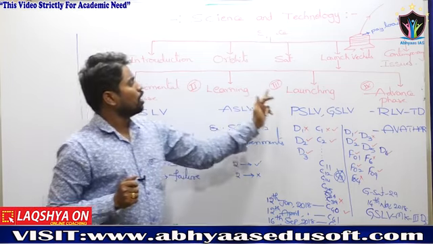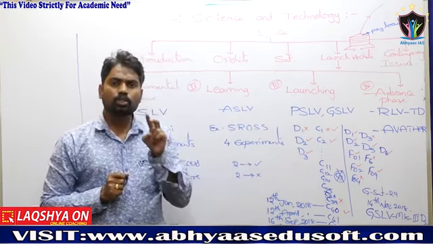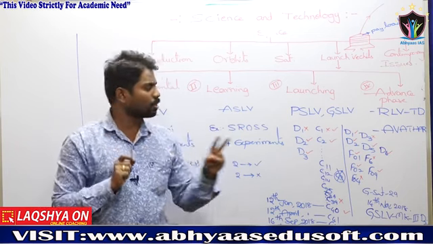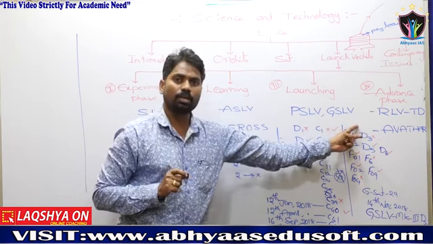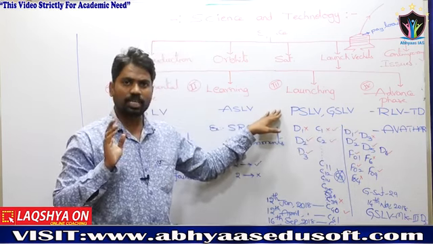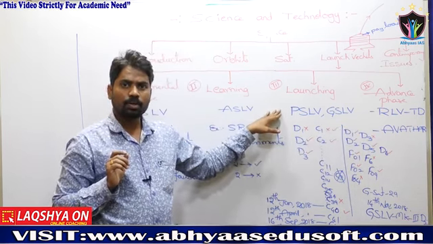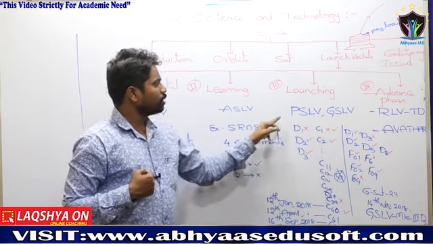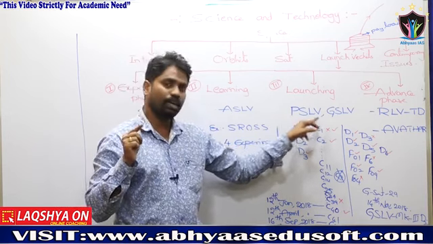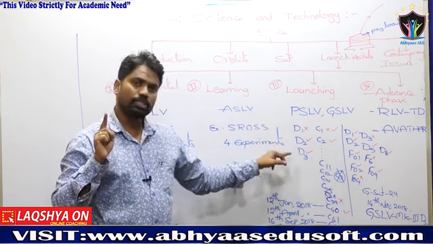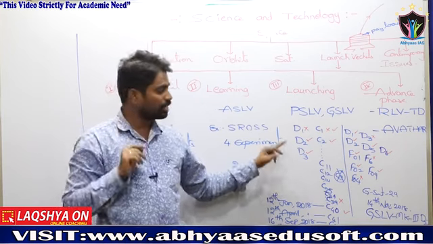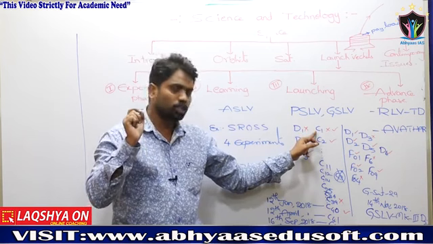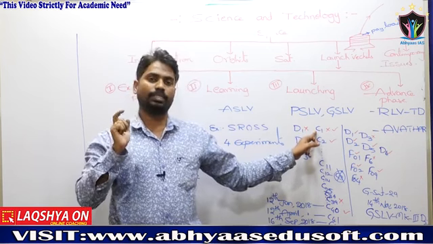Next, in the launching phase, there are 2 famous launching vehicles, the PSLV and GSLV. By the help of PSLV, up to now, we conducted D1, D2, D3 flights, where D refers to developmental flights and C refers to commercial flights.